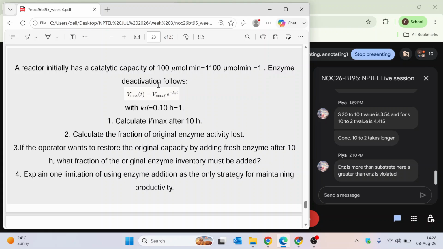This Vmax 0 is 100 micromoles per minute, and your kd value is 0.1, and the time is 10 hours. If you substitute, your Vmax value is going to be 36.8 micromoles per minute.